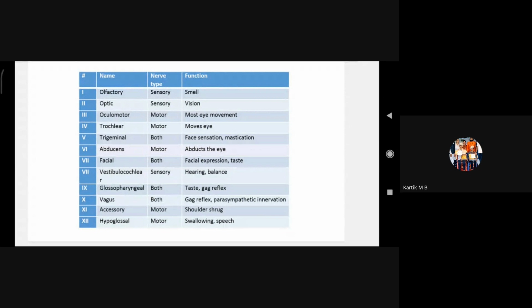Olfactory is related to sense of smell, it is sensory. Optic is sensory, it is related to sense of vision.